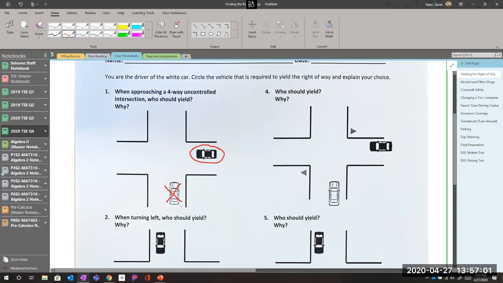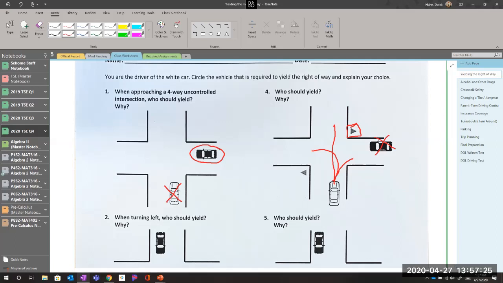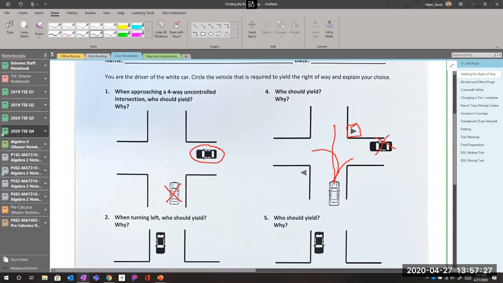Okay, now black car has to wait for us, and they have to wait for us because they have a yield sign, right? So that yield sign is telling black car to slow or stop, let white car turn, go straight, or turn left, right? Make sure they can clear the intersection. And once the intersection is clear, then the black car can go on their way, right?